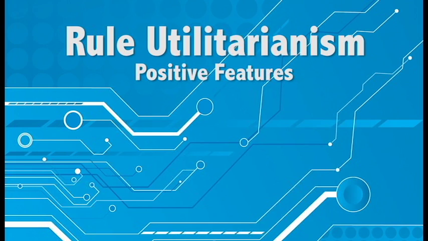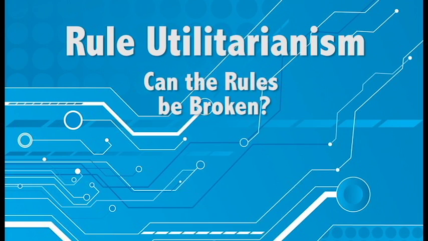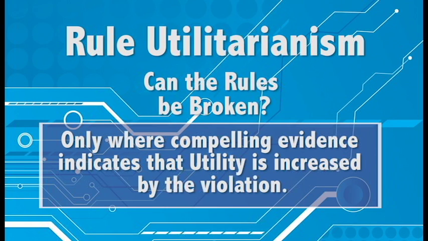One of the positives is that with rule utilitarianism, there are fewer calculations that measure the utility of an action. Additionally, experts are better able to understand the overall utility and can evaluate these rules. These rules can only be violated in the case where compelling evidence indicates that utility is increased by the violation.